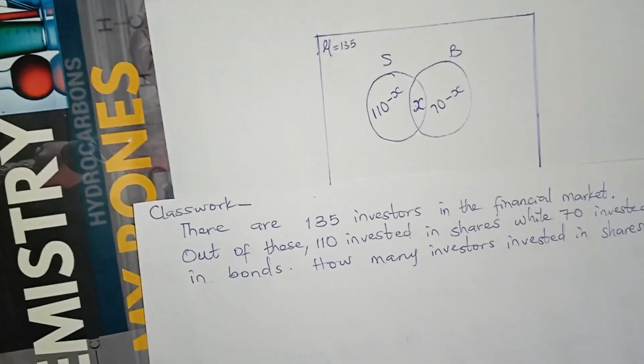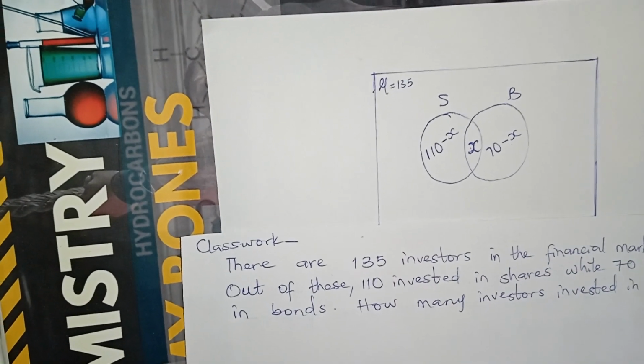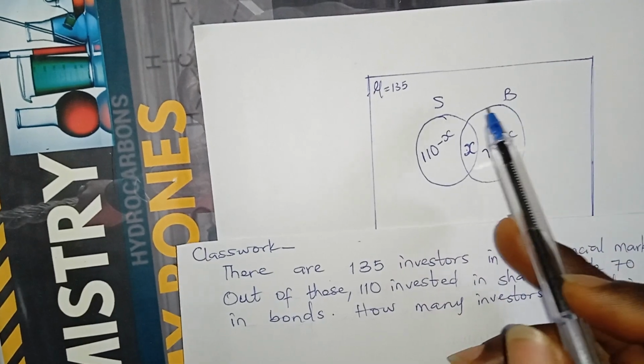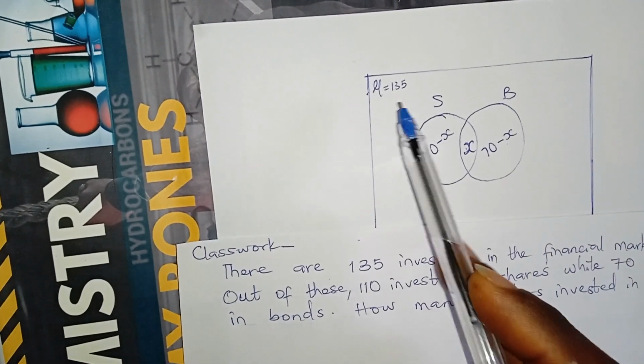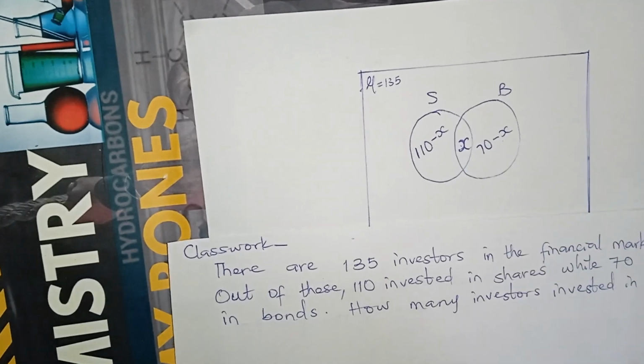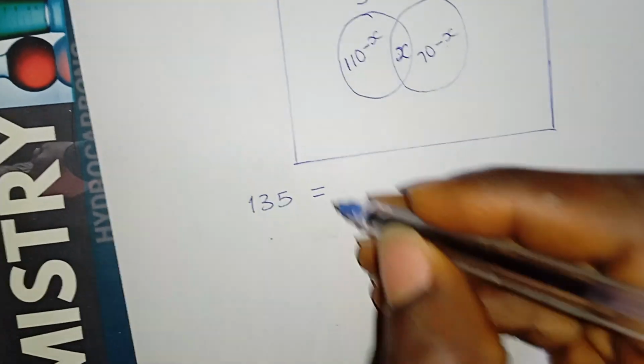Now, to find the total number that invested in shares and bonds, simply equate what you have in the diagram to 135.